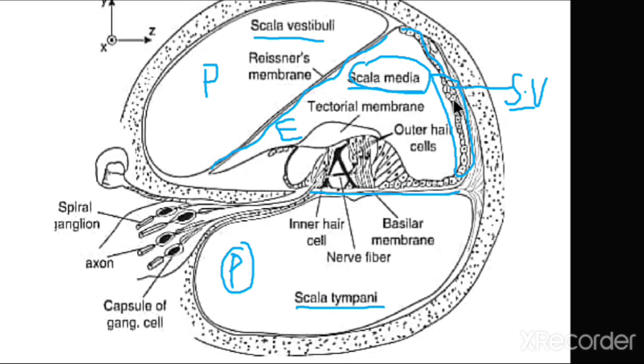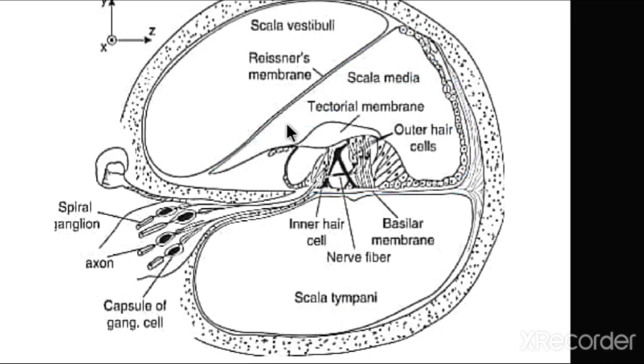When an excessive amount of endolymph is secreted due to vasodilation within the stria vascularis, there is an increased amount of endolymph within the scala media. This leads to increased pressure within the scala media. Due to this pressure, the Reissner membrane bulges and finally ruptures.